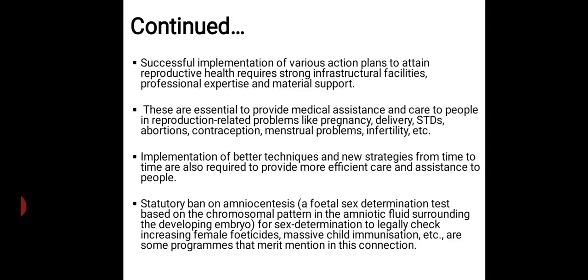With this kind of test, the parents were able to detect the sex of the child, and you know the case of the girl child, like they are being murdered. These procedures were encouraging the parents: they would come to know that it's a girl child, so they would want to abort the child. So these kinds of things should be stopped. That's why the statutory ban has been imposed.